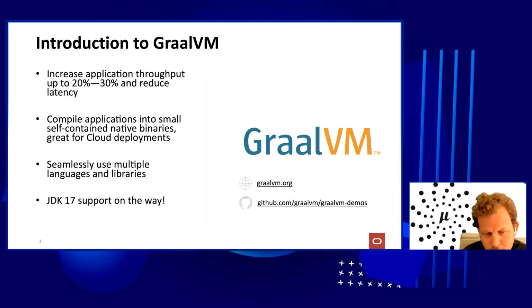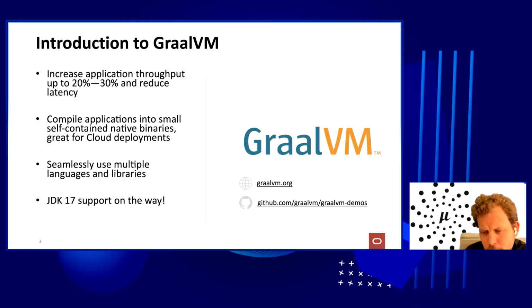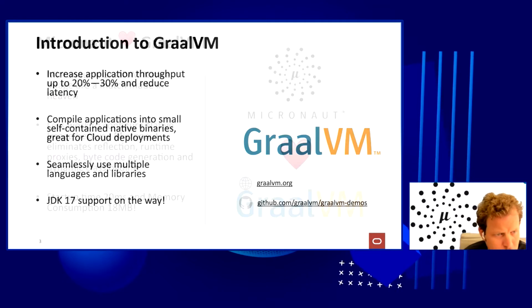And it's really enabling Java applications to go places that weren't really feasible or viable before. In addition to that, GraalVM has a Truffle language framework, which allows you to seamlessly interoperate different languages. You can find out more about GraalVM at graalvm.org and check out the demos on GitHub.